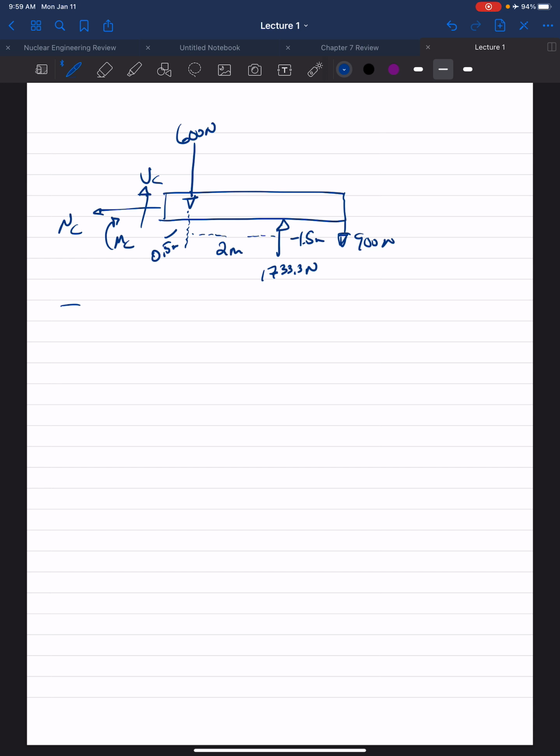So using our equations of equilibrium, sum of our forces in the x direction, N sub C, our normal force, is 0.